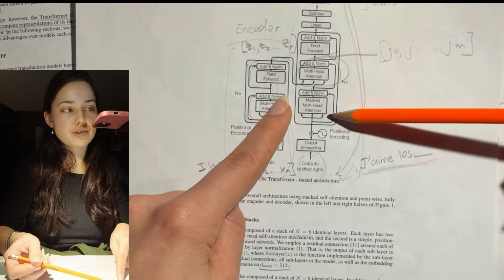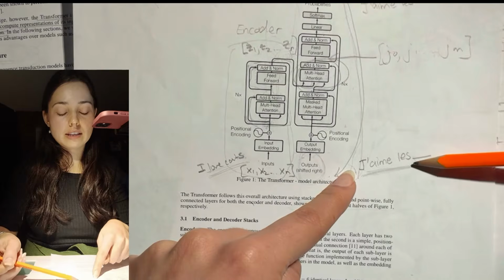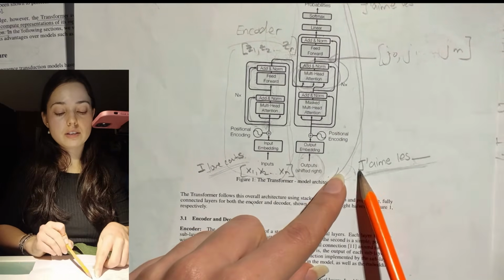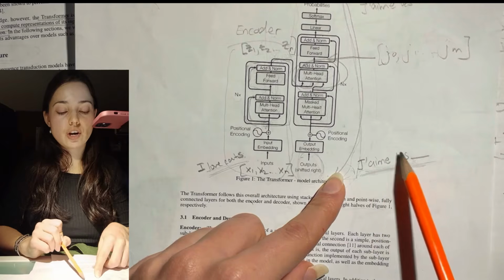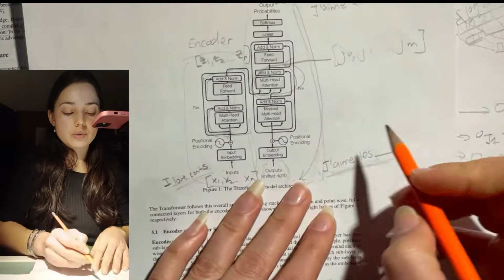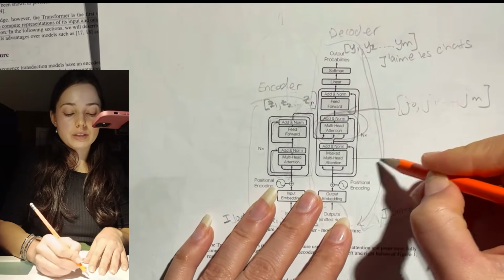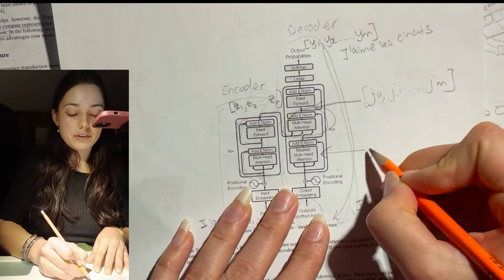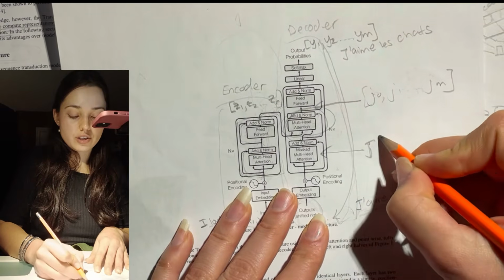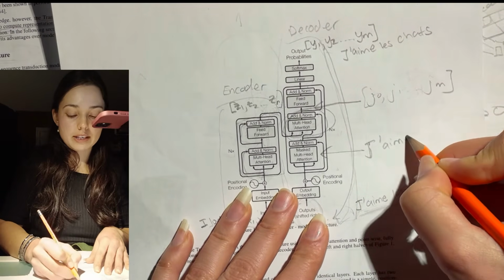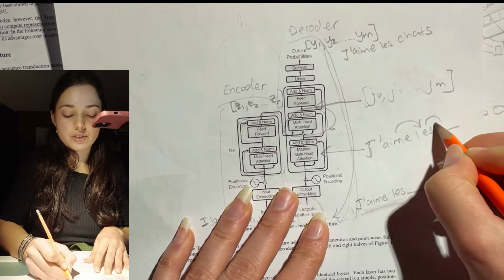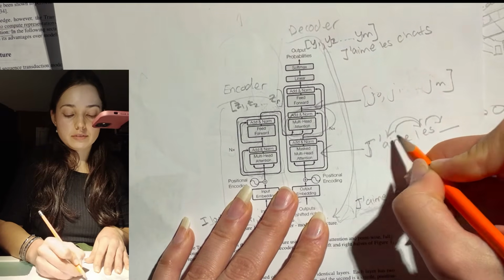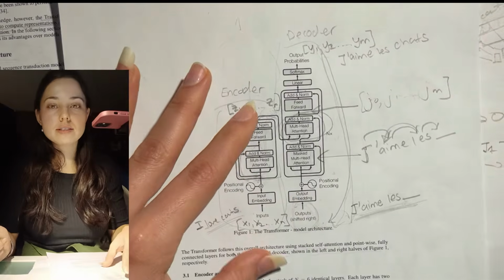So here, when we're measuring attention, we're calculating the attention between j'aime les and j'aime les. So it's actually all the words get to talk to each other. So here, for this part, you can think of it as all the French words get to talk to each other and influence their meanings and embeddings. J'aime les. So now these get to talk to each other. So maybe these are influenced like this.